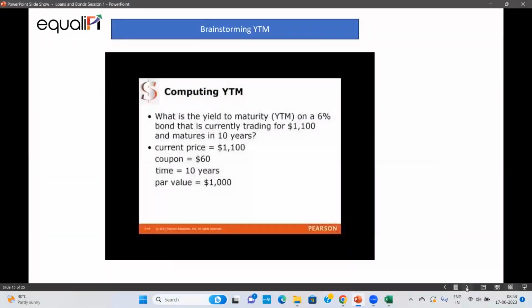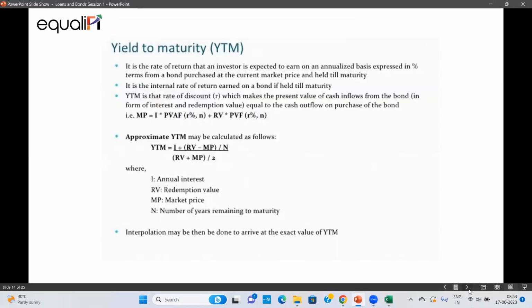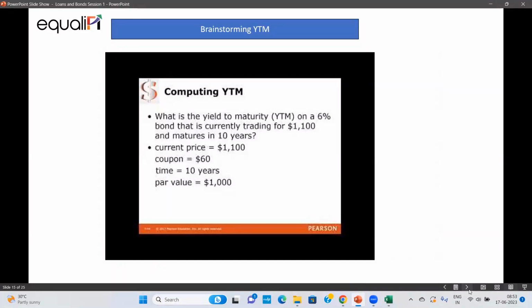Next problem. So we have given the yield to maturity formula. You guys can take a snip of this problem also. Then we can refer to the formula. Let us make our life a bit easy.